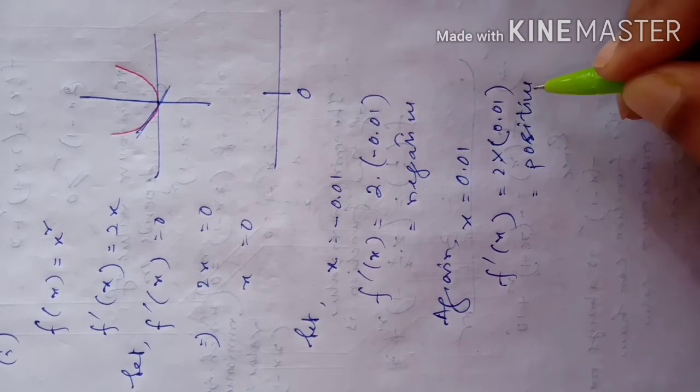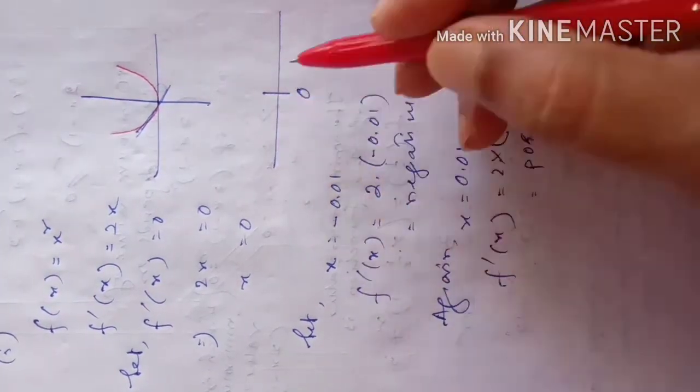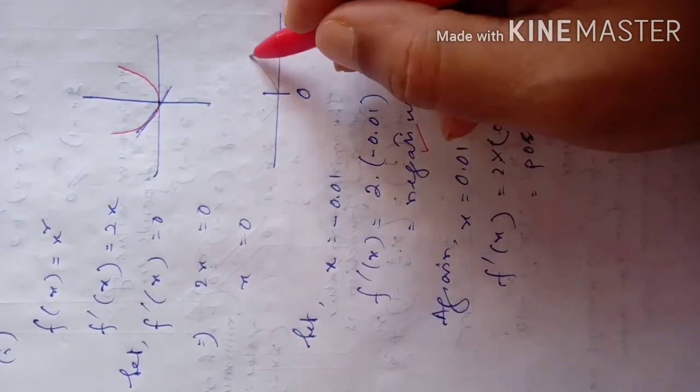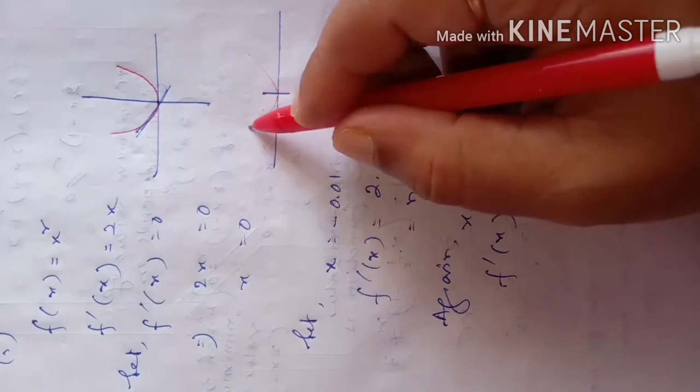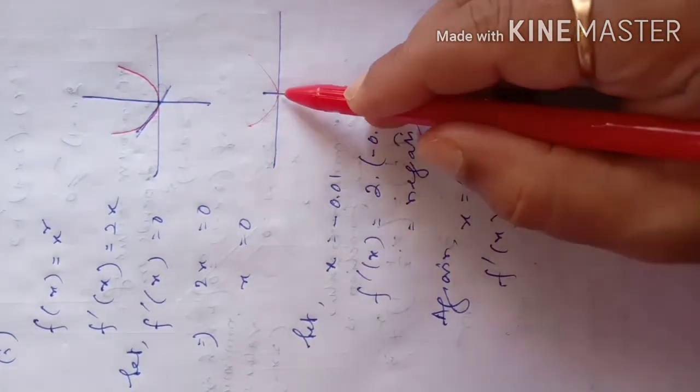What do we see? Before 0, f dash x is negative, and after 0 it is positive. So the function is decreasing before 0 and increasing after 0. That means it is a point of minima.